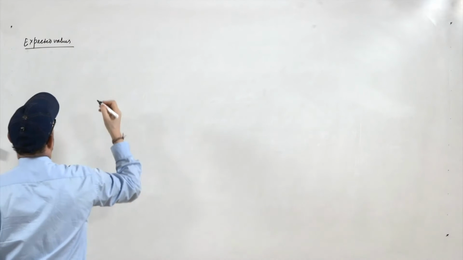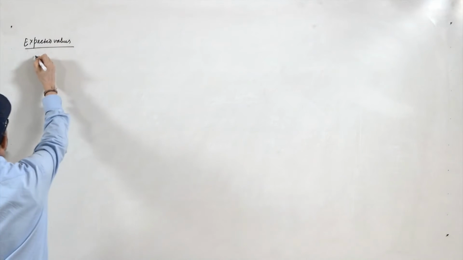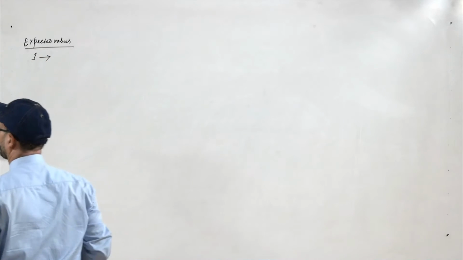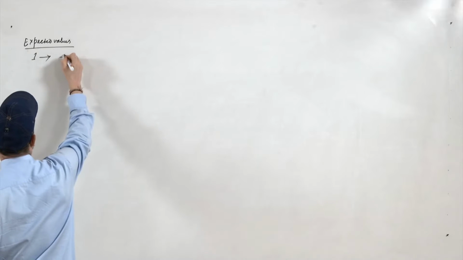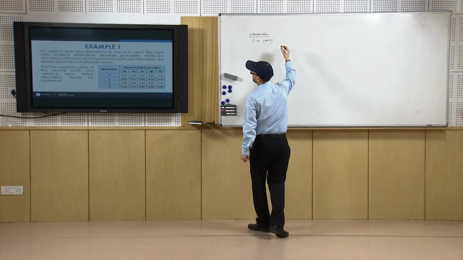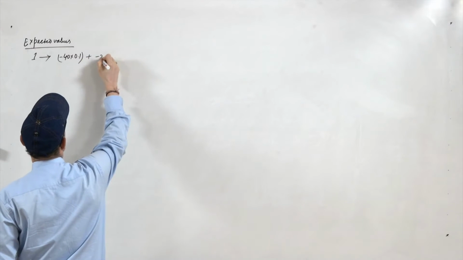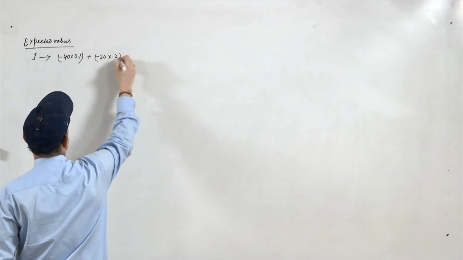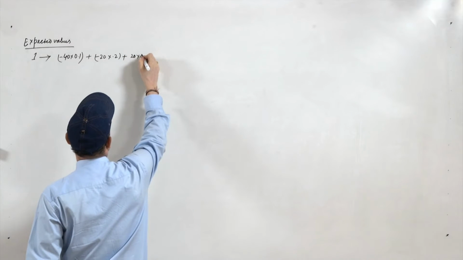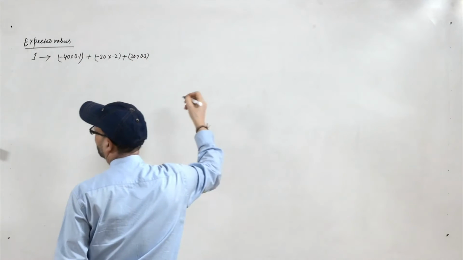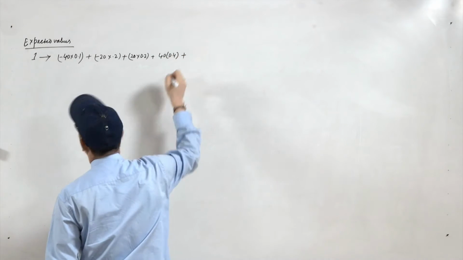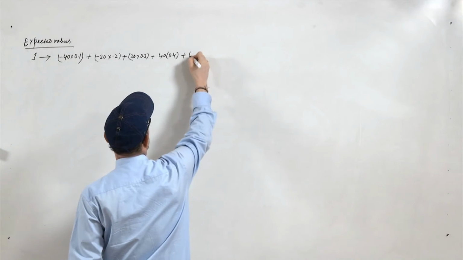So, for alternative 1, it will be minus 40 times 0.1, plus minus 20 times 0.2, plus 20 times 0.2, plus 40 times 0.4, plus 60 times 0.1.